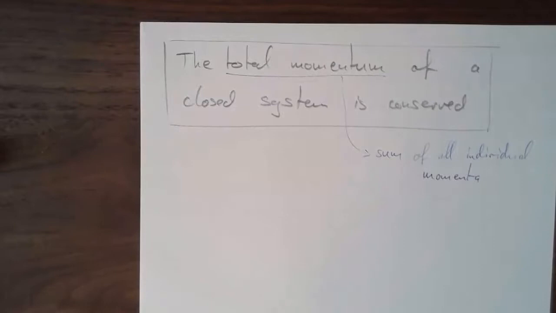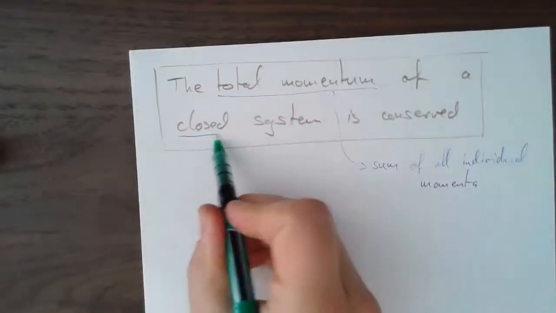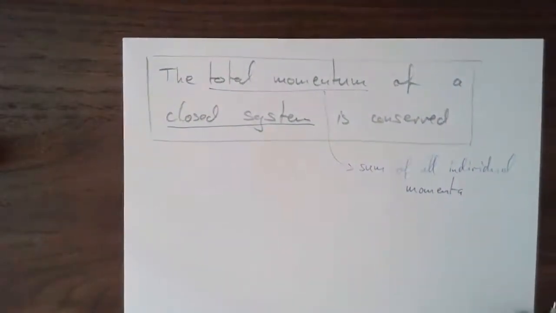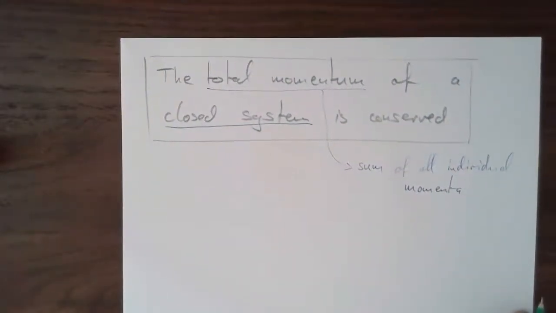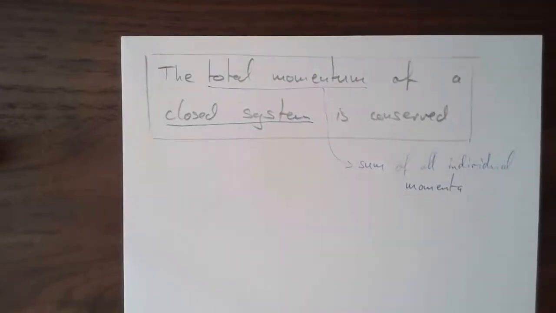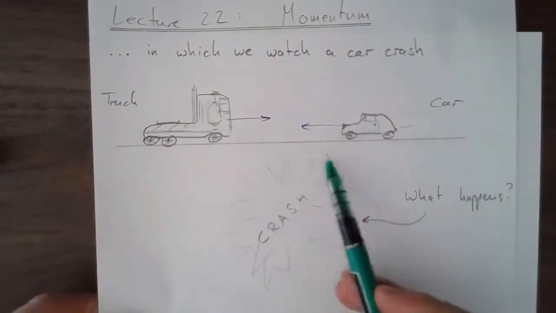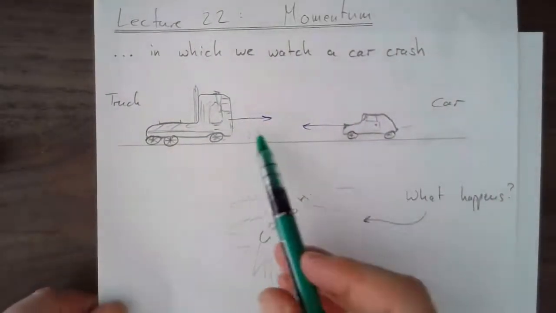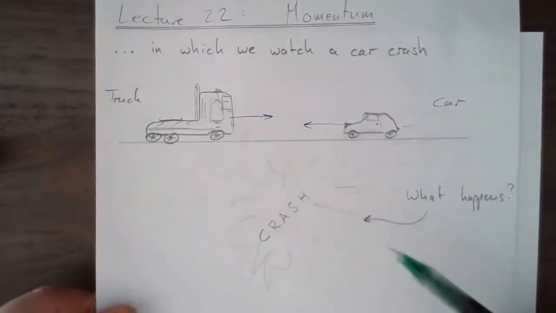And what do we mean by a closed system? Well, remember in our car crash example, we stated that all other external forces are irrelevant. So the friction with the ground didn't matter, at least not during the fraction of a second that the crash is actually occurring.